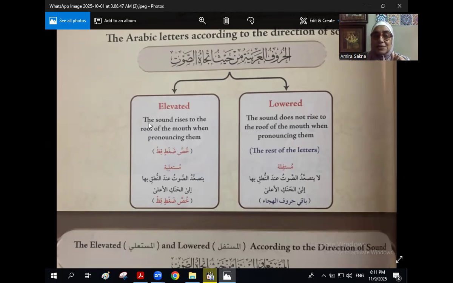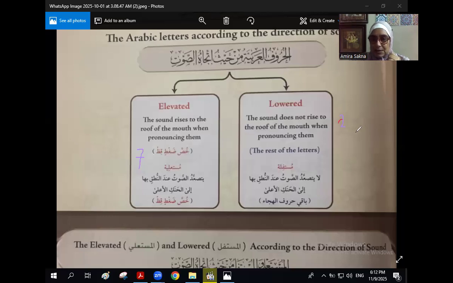Elevated means the sound rises to the roof of the mouth when pronouncing them, and they are gathered in this sentence: خص ضغط قذ, and they are 7 in number. Okay. The rest of the Arabic letters, how many are they? Remind me.